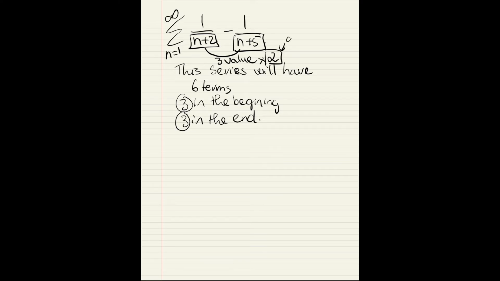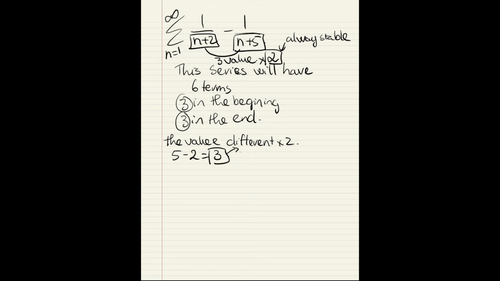This one is always stable: the value difference times 2. The value difference is 5 minus 2 equals 3. 3 is the value of difference.